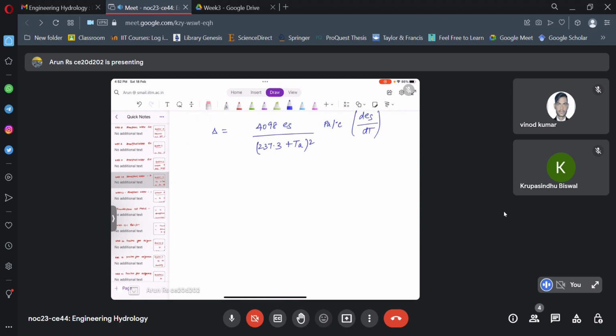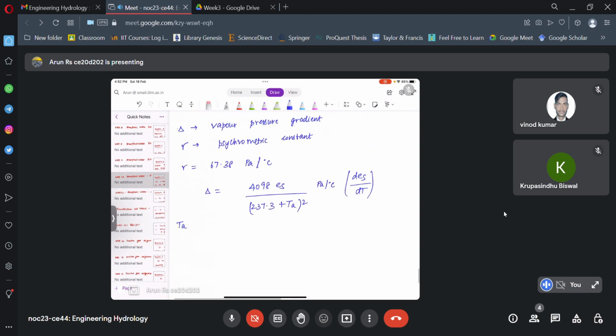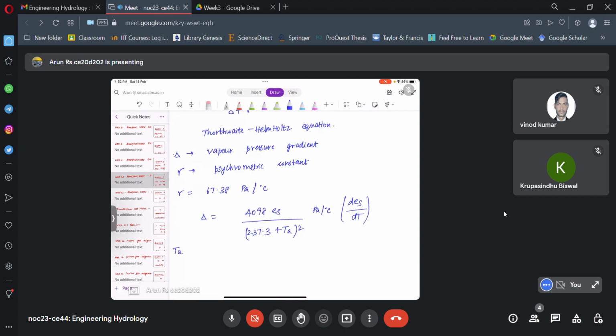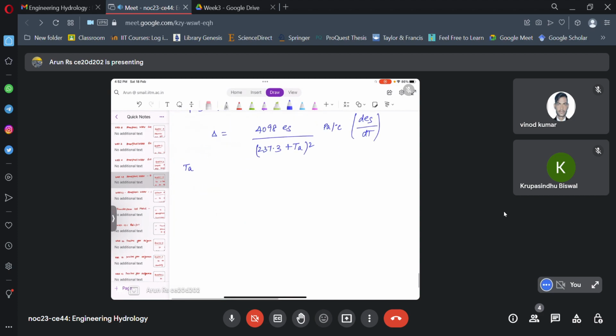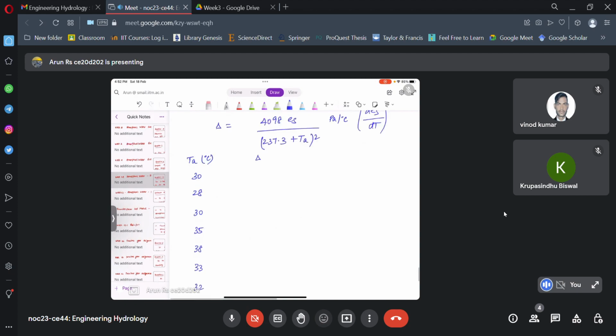So here the air temperature is again varying throughout. So we will calculate the gradient for each temperature throughout the day. So your temperature in degree centigrade is 30, 28, 30, 35, 38, 33 and 32. Then your delta is the vapor pressure gradient.